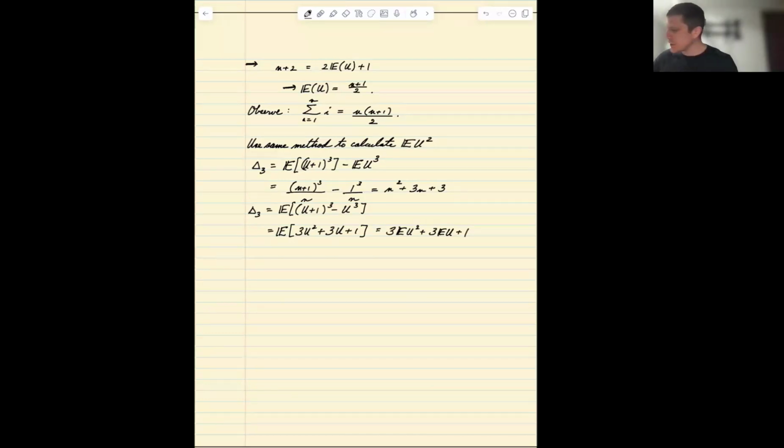We already know the expectation of U from the previous part, so we get 3 times the expectation of U squared plus 3(n+1)/2 plus 1. And of course, we already have that it's equal to n squared plus 3n plus 3. Those two parts combined give us one equation, one unknown, which we solve to get the expectation of U squared is (1/6)(2n squared plus 3n plus 1).